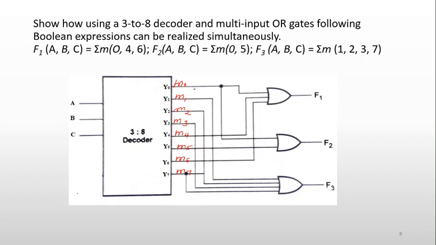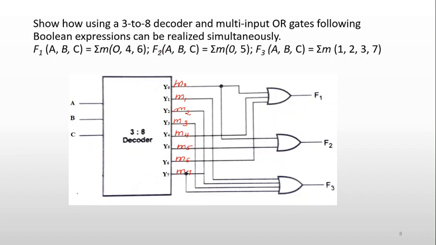So the outputs y0, y4 and y6 are passed through an OR gate for ORing the terms. So finally we will receive f1.